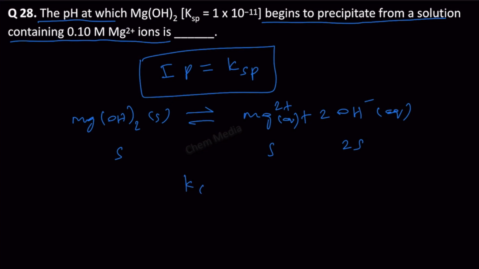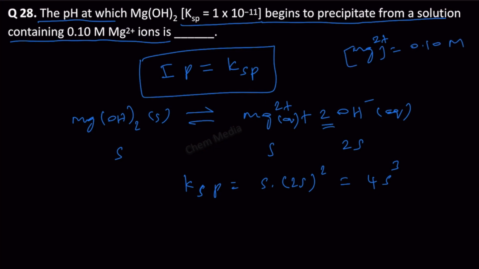Therefore Ksp is equal to S times (2S) whole square, because we have the stoichiometric coefficient 2 here. So this is 4S cube, and that value is given as 1 times 10 to the power minus 11.